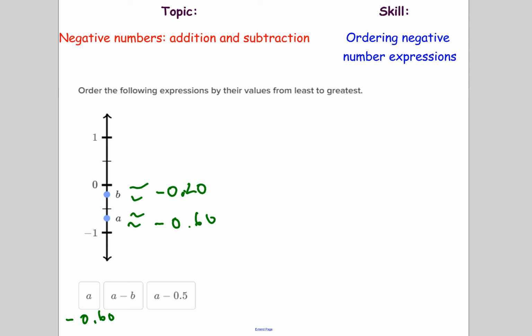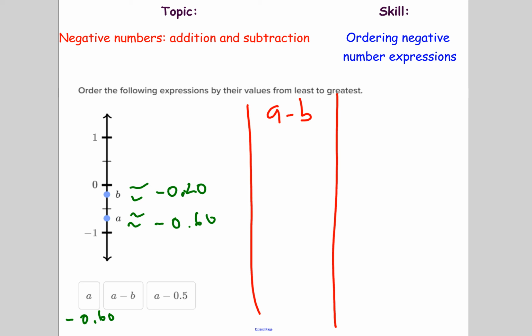How about A minus B? Let's do that up here. A minus B. I'm going to make a little room there and kind of keep my work to this area. A minus B would be negative 0.60 minus B, which is negative 0.20.